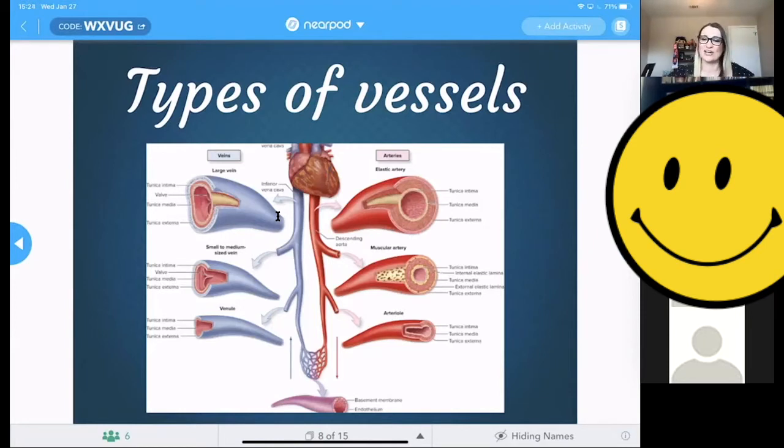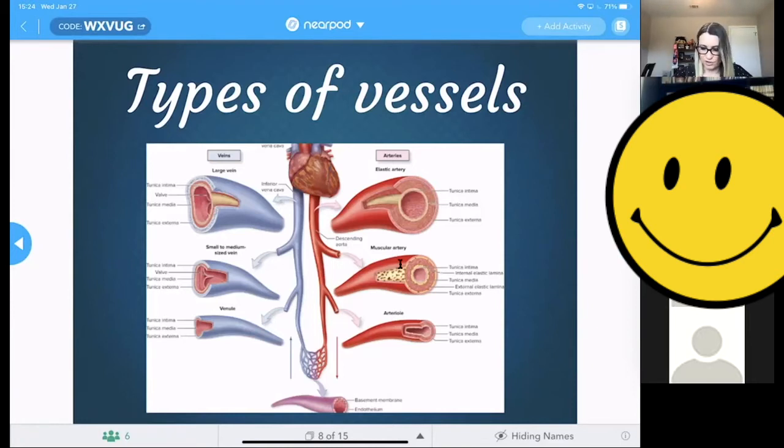So elastic arteries are the largest arteries. They have elastic fibers in all layers, but they're not concentrated in distinct layers. They're just everywhere, so the whole thing is very, very elastic.